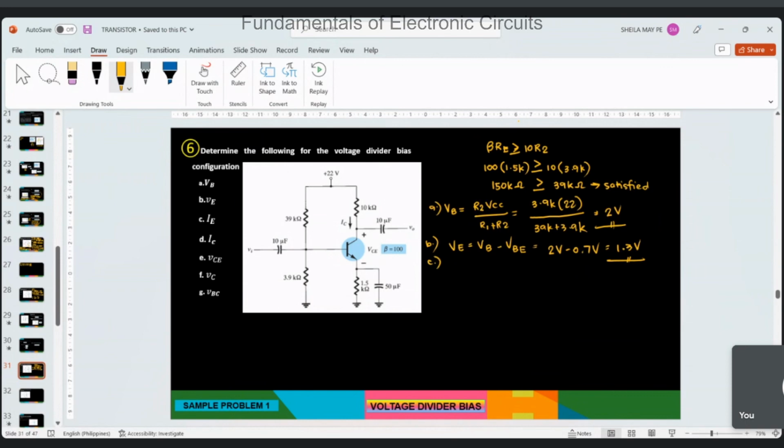Right? So atong IE class, sa formula sa atong IE, that's VE over RE. VE at 1.3 volts, RE is 1.5K. And 1.3 divided by 1.5K, so that's 0.867 milliamperes.